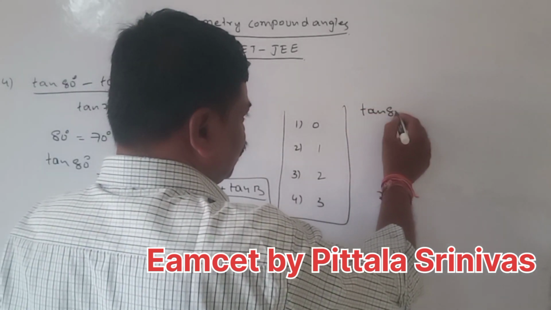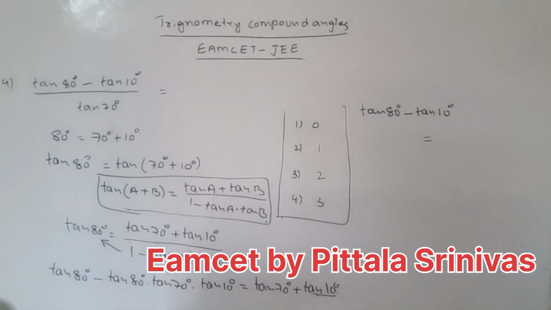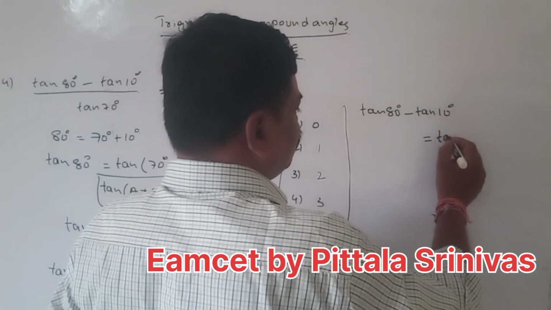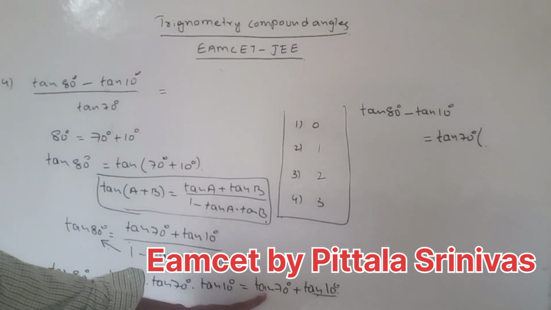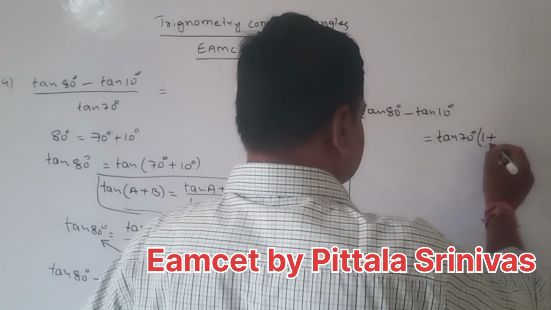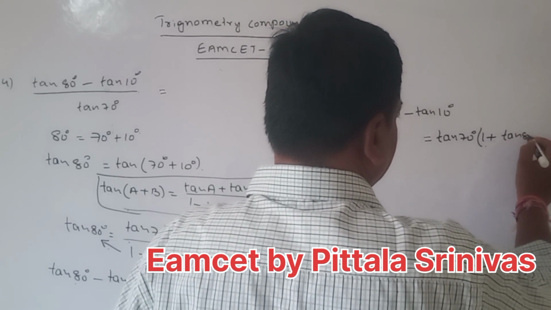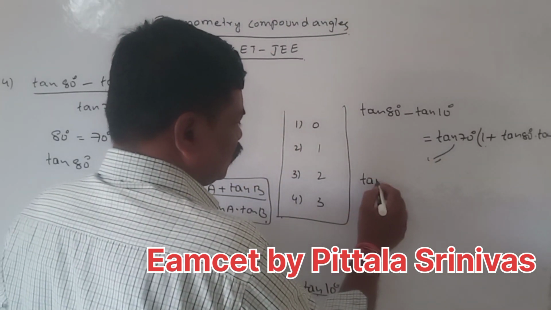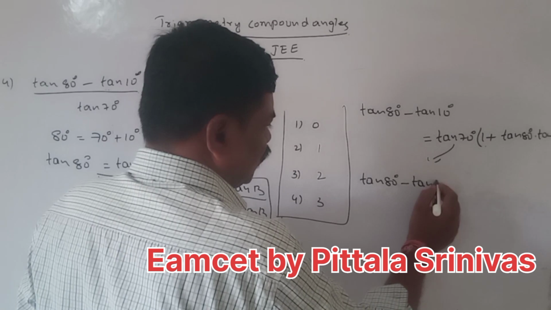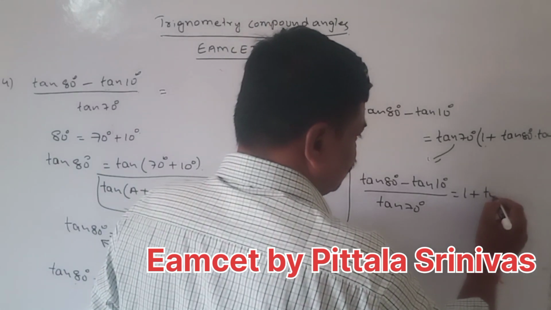Tan 80 degrees minus tan 10 degrees equal to, you take to this side tan 70 degrees. So tan 70 degrees is common. What will we have? Tan 70 degrees is common, 1 plus tan 80 degrees into tan 10 degrees is there. By cross multiplication, tan 80 degrees minus tan 10 degrees by tan 70 degrees is equal to 1 plus tan 80 degrees tan 10 degrees.